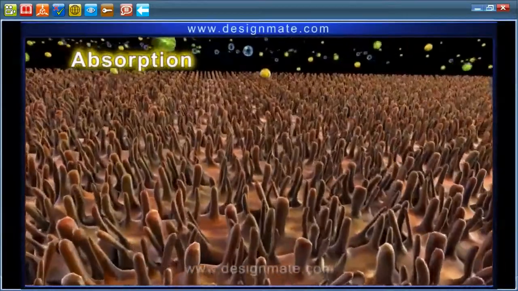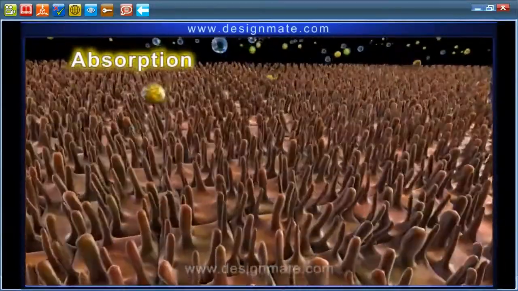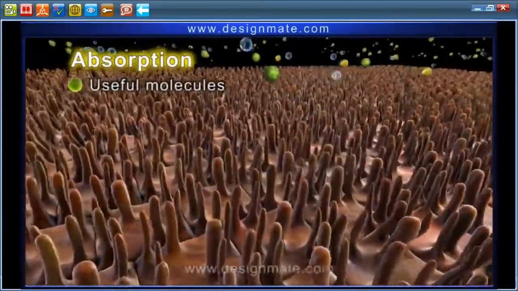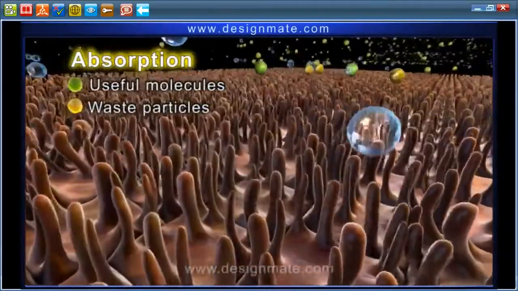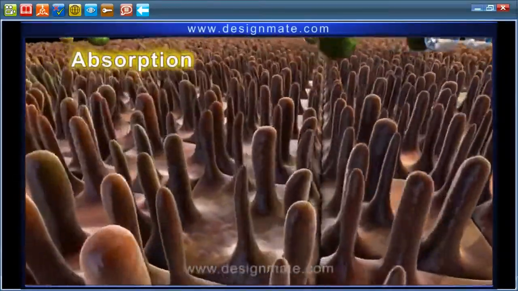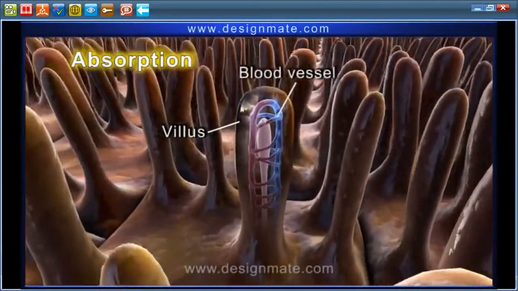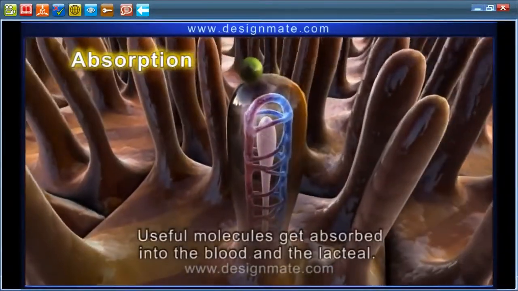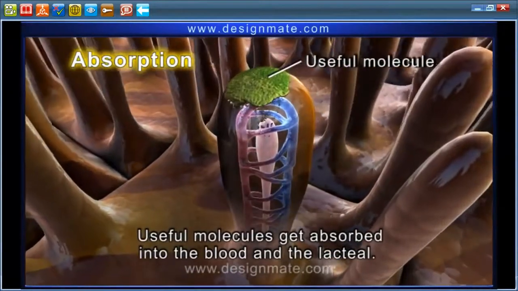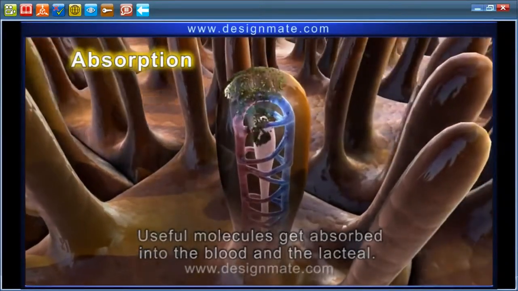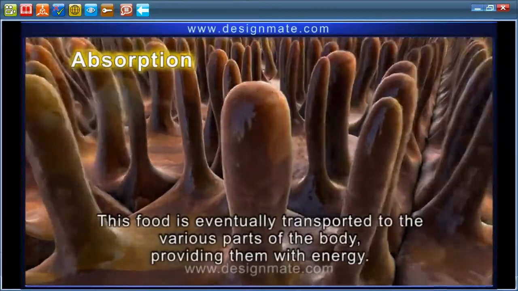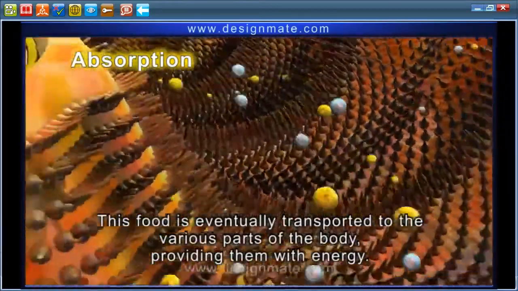The digested simple food particles include the useful molecules, the waste particles, and some water molecules. A closer look at a villus shows the blood vessels and the lacteal. The useful molecules get absorbed into the blood and the lacteal. This food is eventually transported to the various parts of the body, providing them with energy.